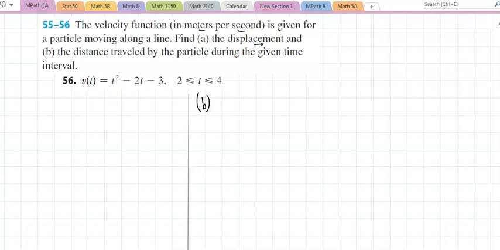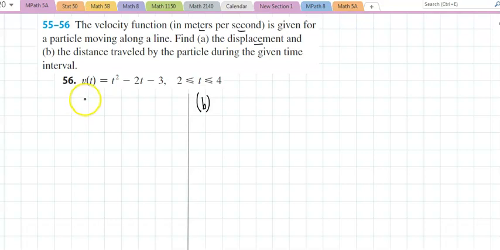Displacement means, if I started in Pasadena, and I moved east on the freeway, then went west, then back east, then back west, displacement simply means, with respect to where you started, where are you right now? That's all that matters. Versus total distance will be like the odometer on your car, whether you're going east or west, it doesn't distinguish between that. As the wheel turns forward or backward, that mileage is added up.